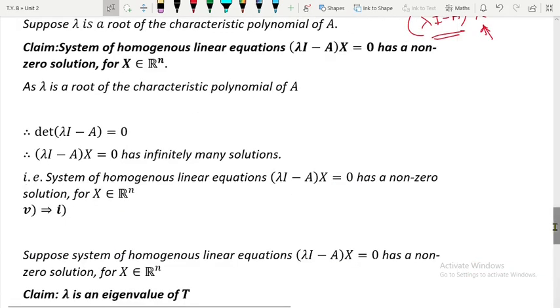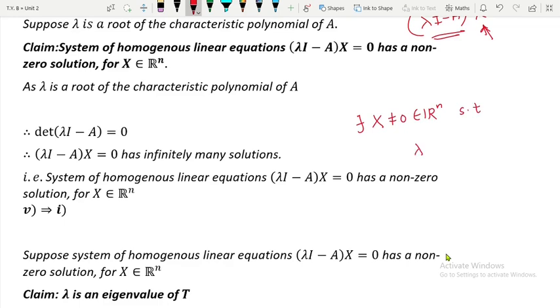Now we will assume that the homogeneous system (λI − A)x = 0 has a non-zero solution, and we are going to prove that λ is the eigenvalue of T. Since this system has a non-zero solution, what does it mean? It means that we will be able to find some non-zero vector belonging to R^n that satisfies this system, right?